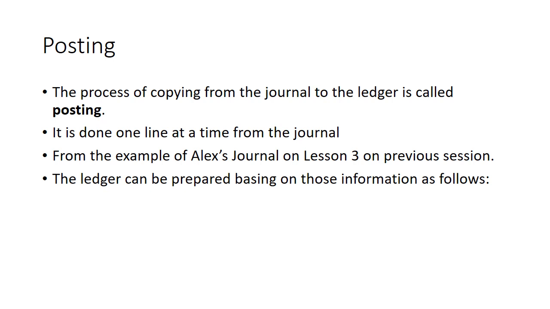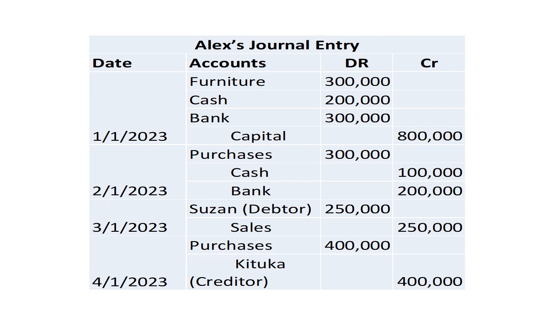The process of copying from the journal to the ledger is called posting. It is done one line at a time from the journal. For example, if we take the case of Alex's journal from lesson number 3 in the previous sessions, the ledger can be prepared based on that information as follows.